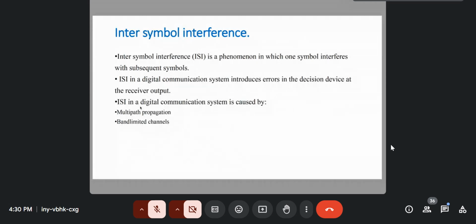Intersymbol interference is just like the errors we can have in aliasing, where the spectrum is overlapping because you have not sampled at the Nyquist frequency.